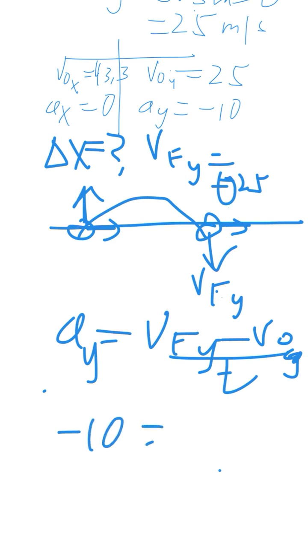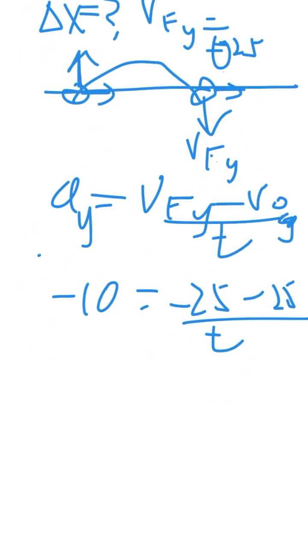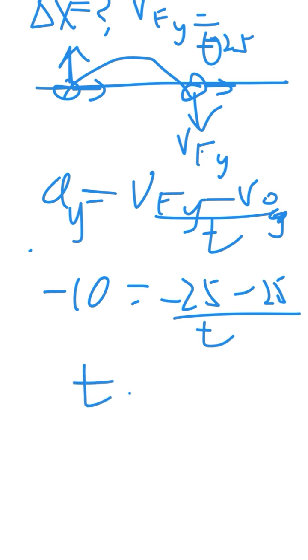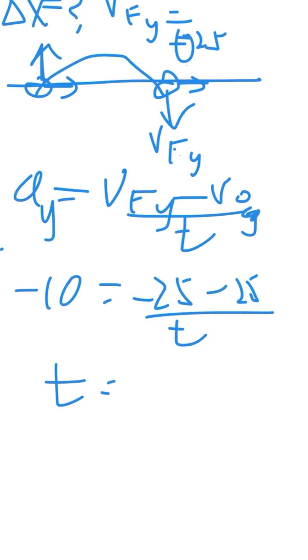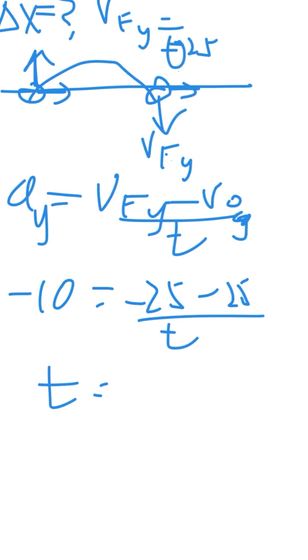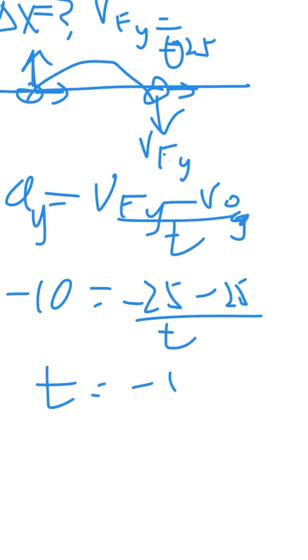Negative 10 equals negative 25 minus positive 25 over T. So T is going to equal negative 50 over negative 10.